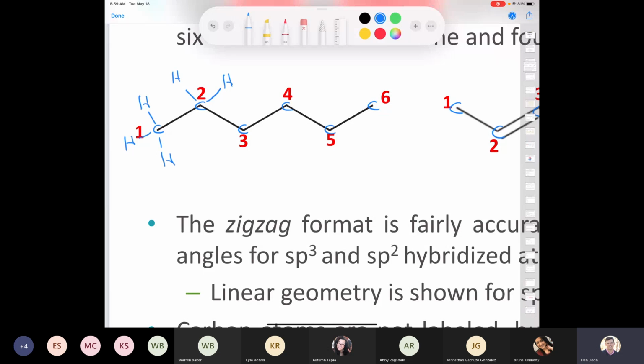Let me ask you guys a question. How many bonds to hydrogen are there on carbon number 4? And it's not a trick. How many bonds to hydrogen would there be for carbon number 4?